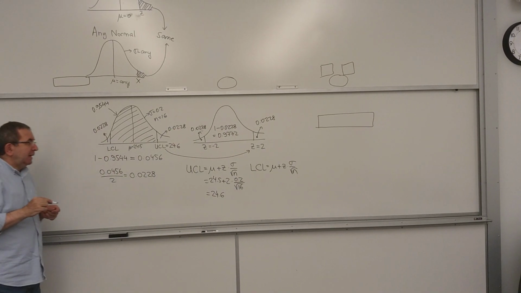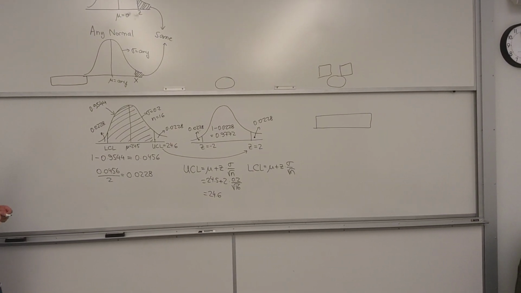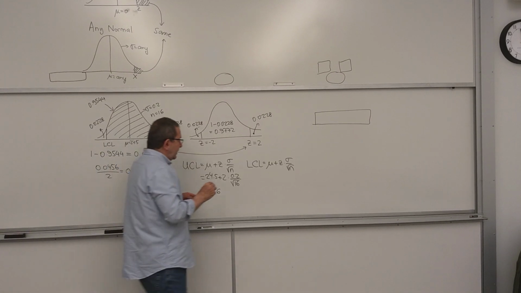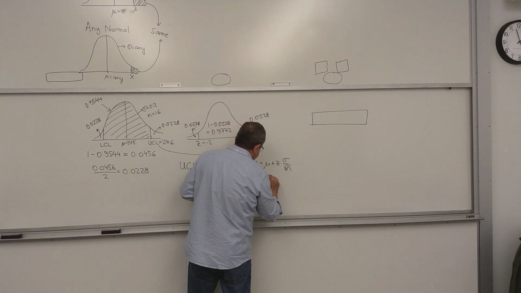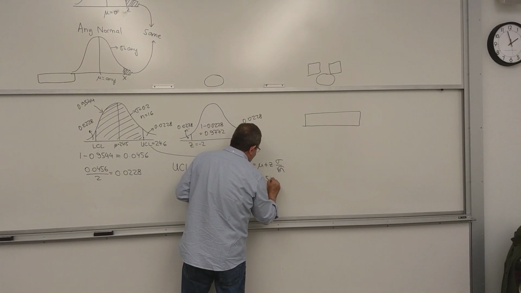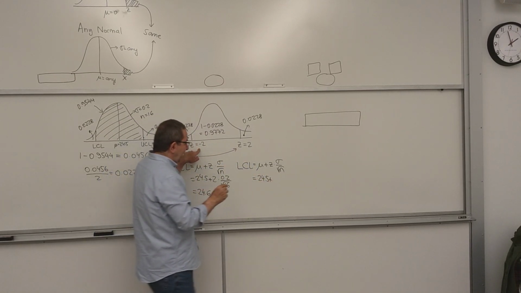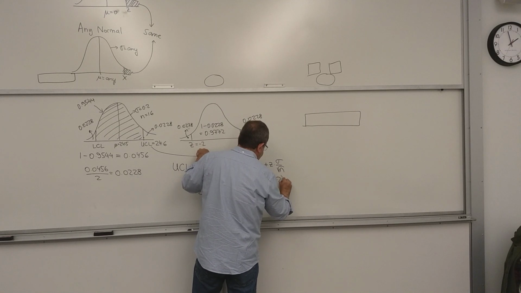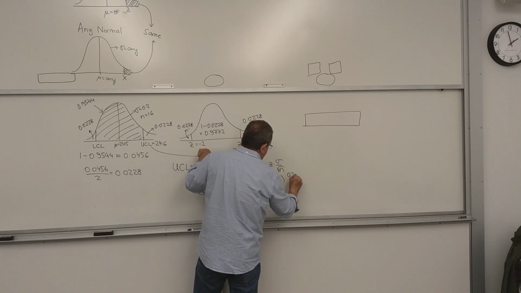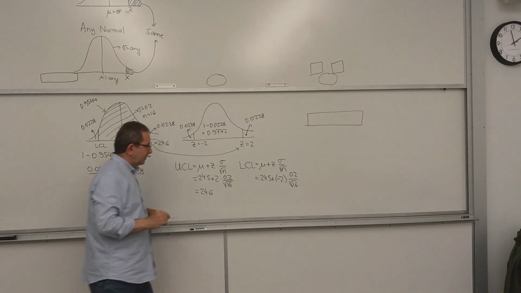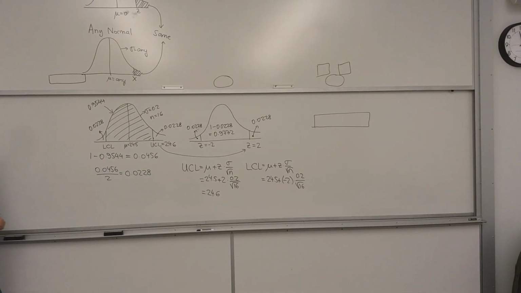Okay. So mu is 24.5 plus z is minus 2, sigma is 0.2, square root of 16. Okay.